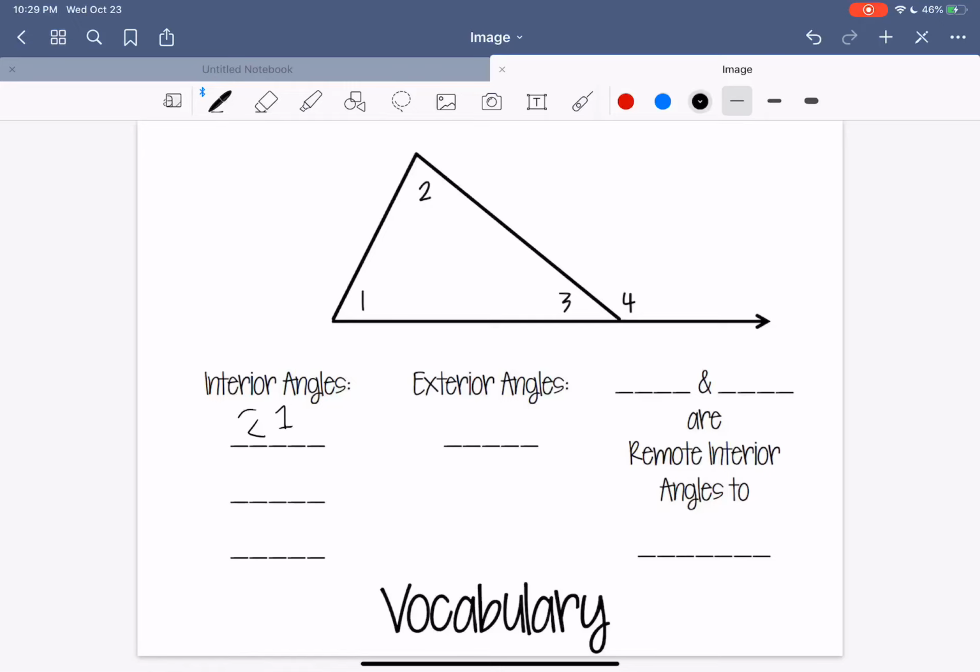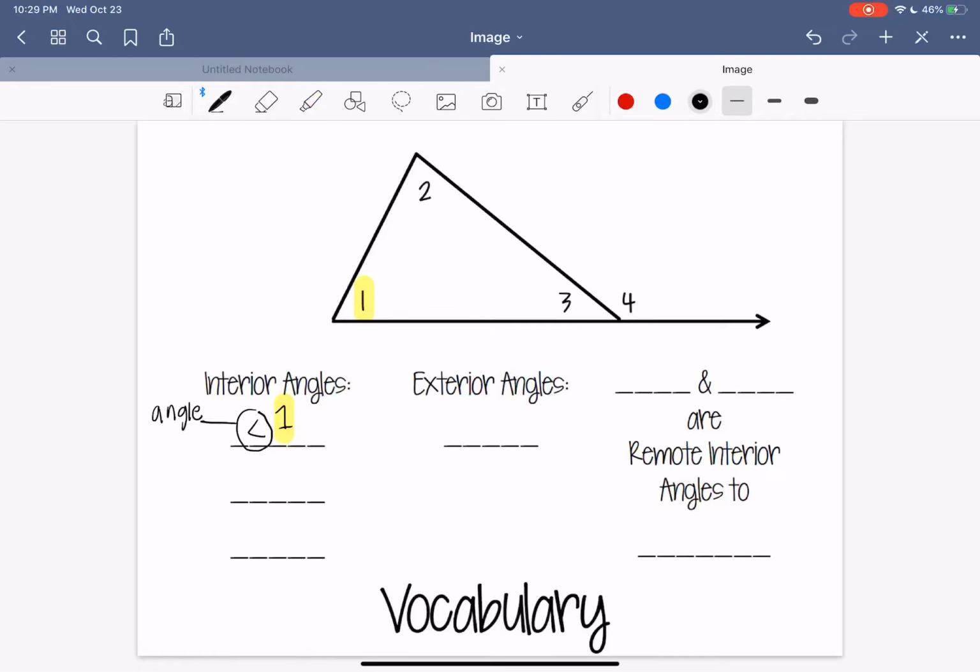And this sign right here represents an angle. So you'll see this a lot throughout this portion of our math class and further on. So this represents angle. So we have angle 1 right there, angle 1 right here.